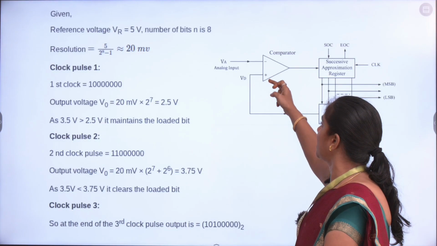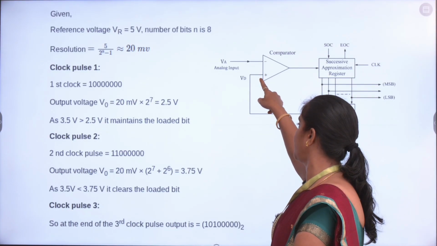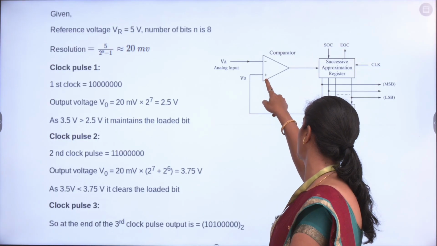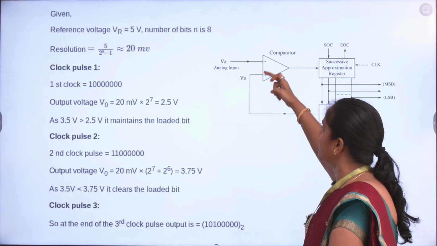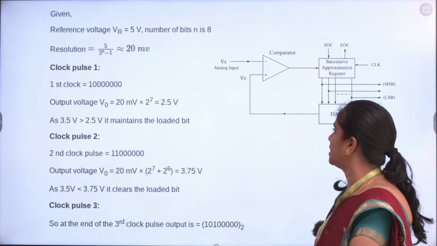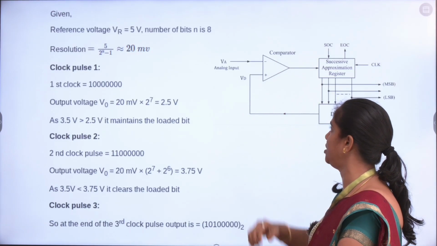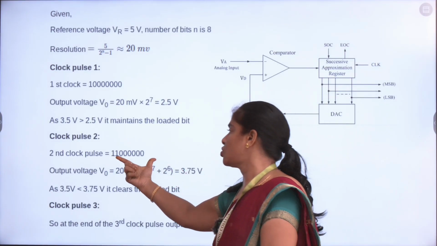Now the comparator's input voltage is 3.5, and the output voltage coming out of the DAC is 3.75. Now the voltage at this terminal is less than the voltage at VD. So in this case, the bit pattern is going to change.